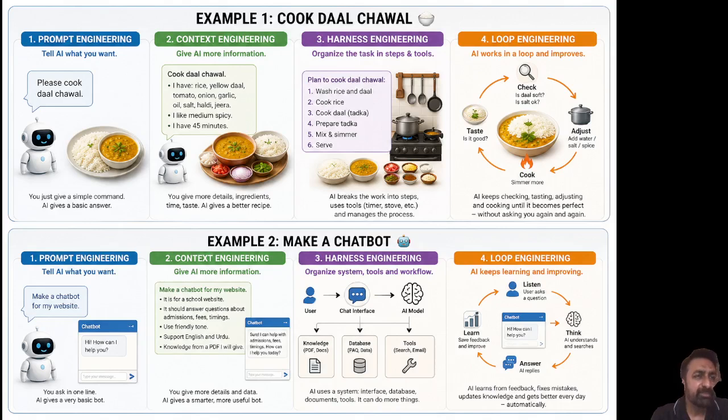Or maybe give it some sort of idea, like you are a cook, cook a dal chawal, a basic quick command. But the problem with this is that this information is not enough. The agent is now going to start guessing how to cook the dal chawal, how much salt you need, how much oil you need, do you want any strong spices in it, or you don't want strong spices, things like those.